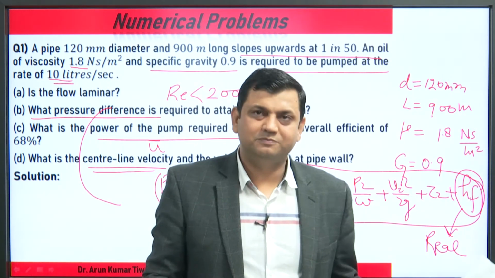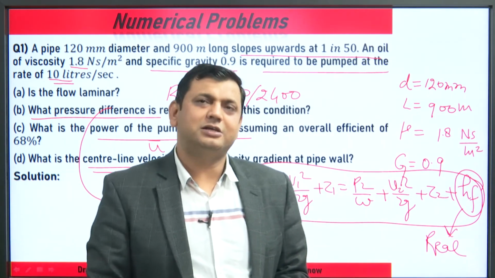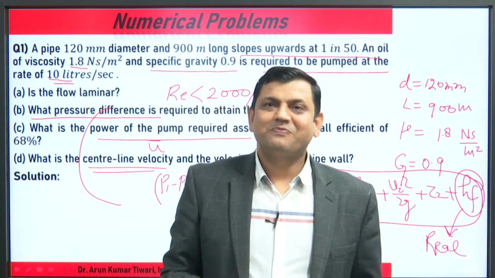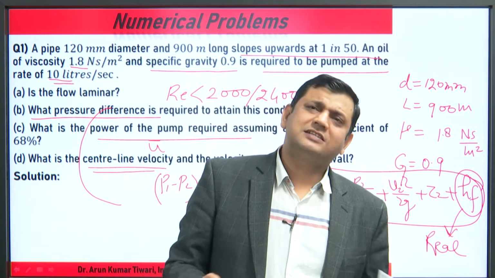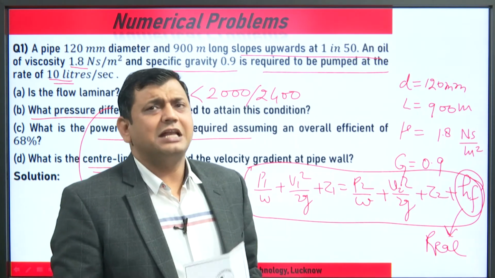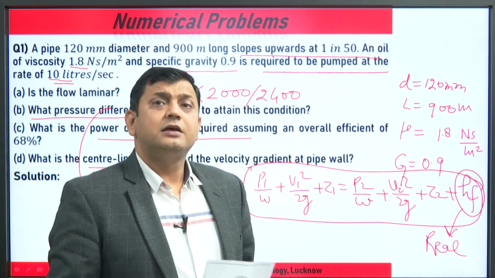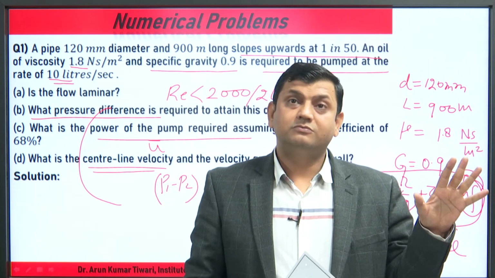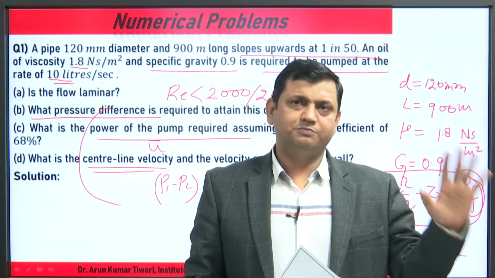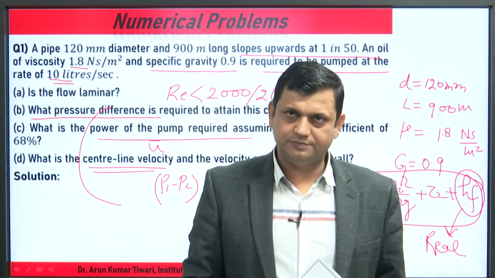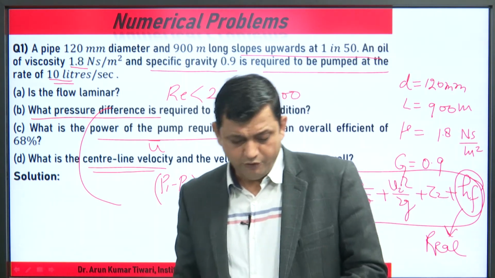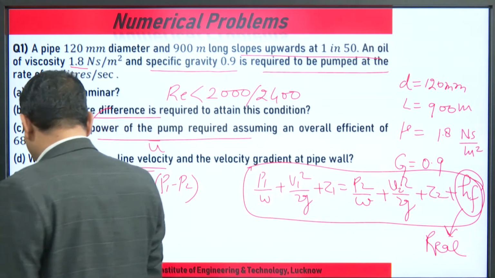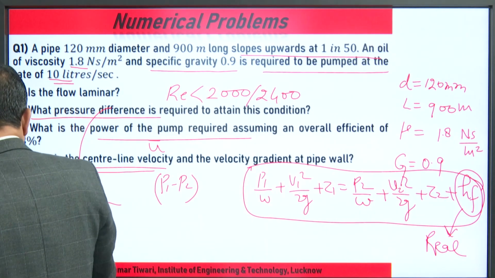We already know u bar equals u max by 2 for laminar flow. All this is valid if the flow is laminar, meaning Reynolds number is less than 2000. So, we can solve.